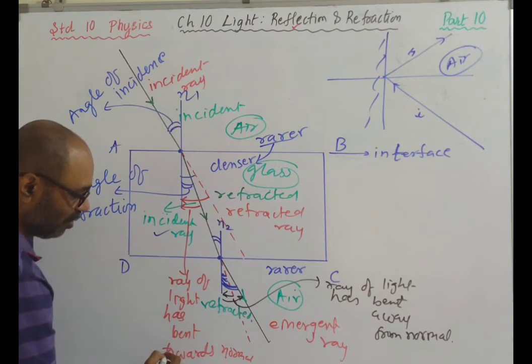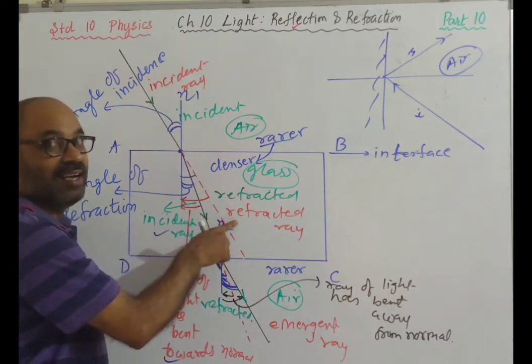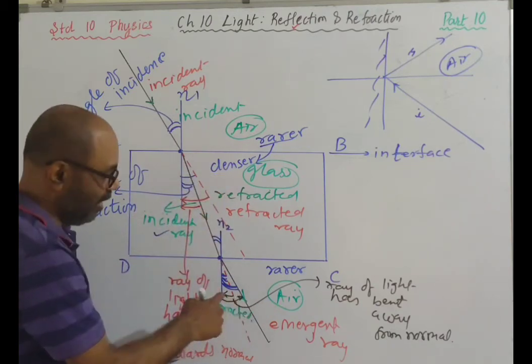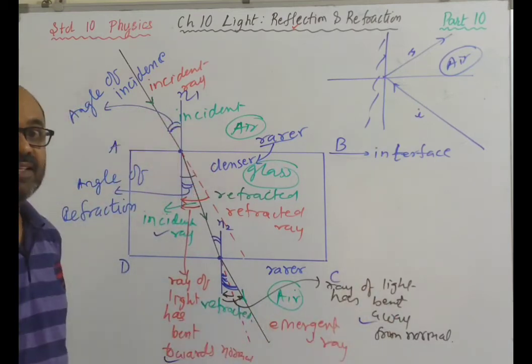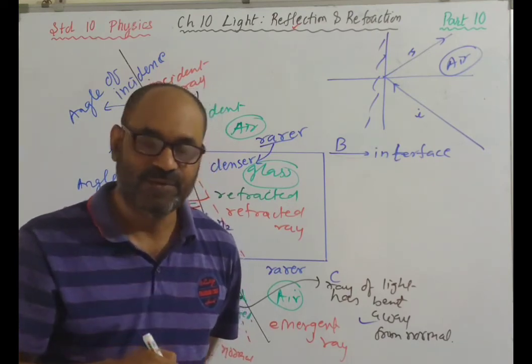And when a ray of light travels from a denser medium like glass to a rarer medium like air, it bends away from the normal. This is the second law of refraction of light. Is that clear to you?